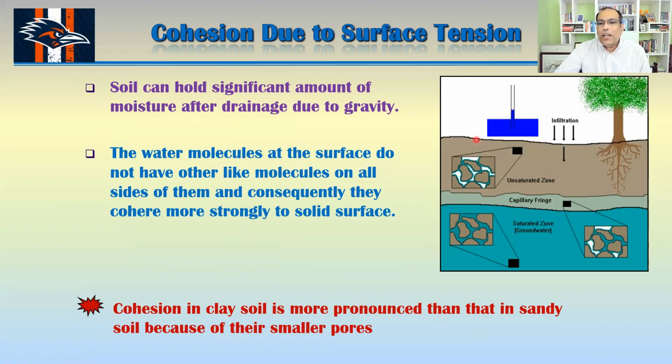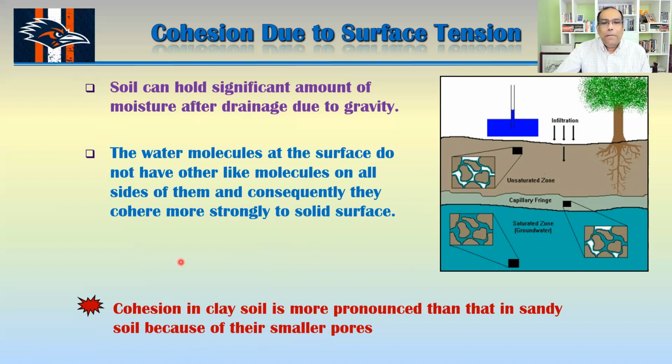When we are talking about soil particles with voids, some of the water will drain out, but some will remain at the tiny corners of the soil particles, and that will try to hold them together because of the surface tension. So cohesion in clay soil is more pronounced than in sandy soil because they have smaller pores. Smaller pores means higher surface tension.